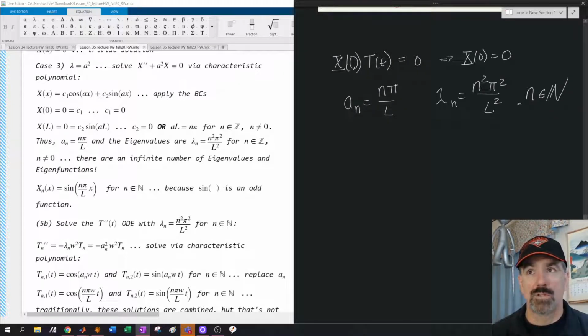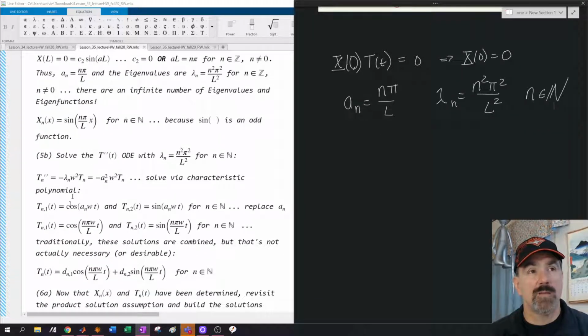Now, you notice that we start with n as an integer, but as we discussed previously, if I have sine or cosine functions as my eigenfunctions, those are even and odd, and there's nothing unique in the differences between the even and odd portions. They're all the same eigenfunctions.